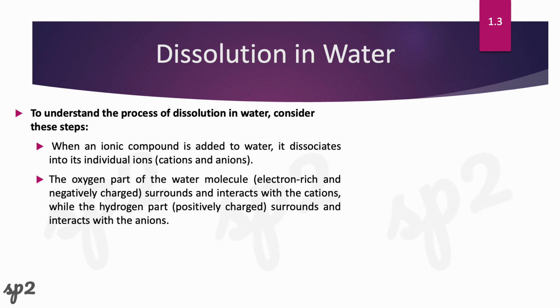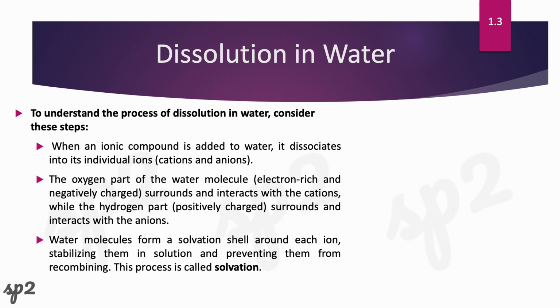The oxygen part of the molecule is what we call electron rich, which is partially negatively charged, and that is going to be interested in interacting with the cations of your solute. And then the hydrogen portion of water, which is positively charged, is more interested in interacting with the anions of the solute. This kind of interaction is going to create a very stabilized interaction overall, which is known as solvation.